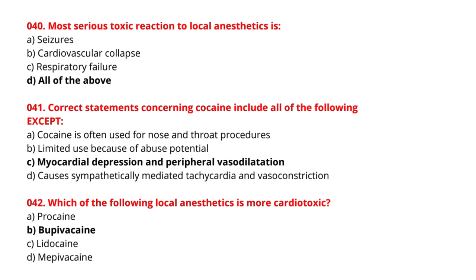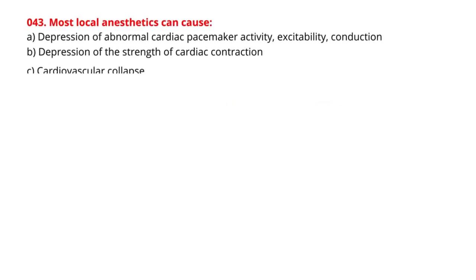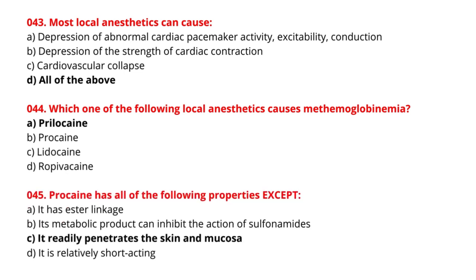042. Which of the following local anesthetics is more cardiotoxic? A. Procaine. B. Bupivacaine. C. Lidocaine. D. Mepivacaine. Answer is B. 043. Most local anesthetics can cause A. Depression of abnormal cardiac pacemaker activity, excitability, conduction.